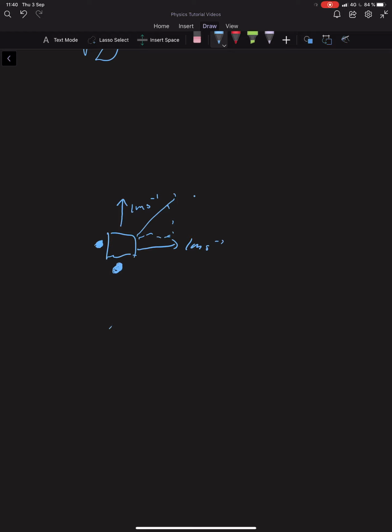So if we leave this box and just make a small point, we know that it moves 1 meter per second and 1 meter per second up. But since we know that vectors can be moved around, we can move this over here.